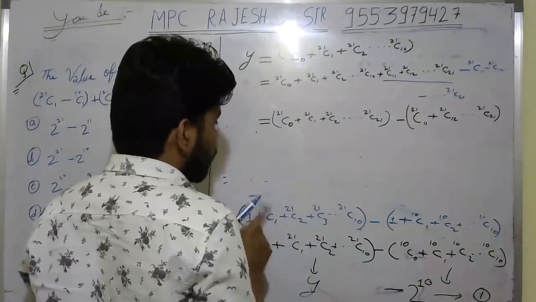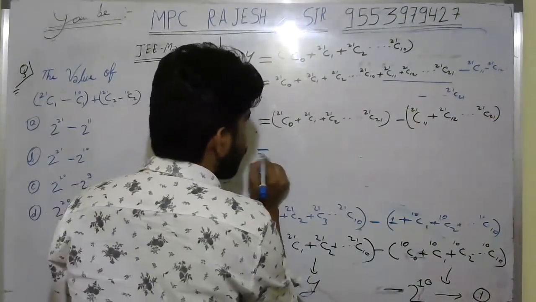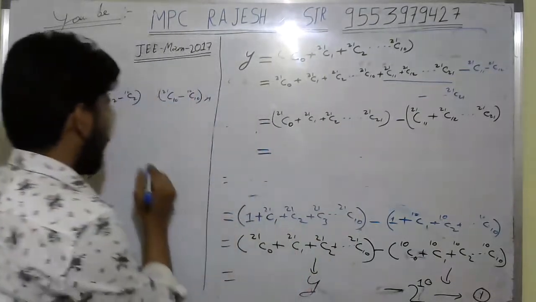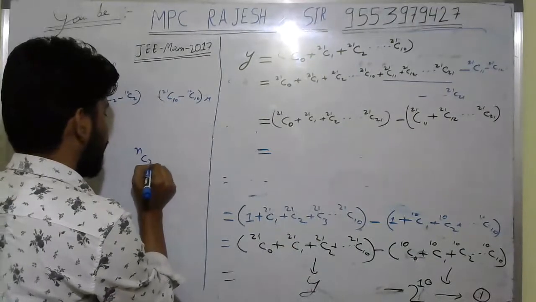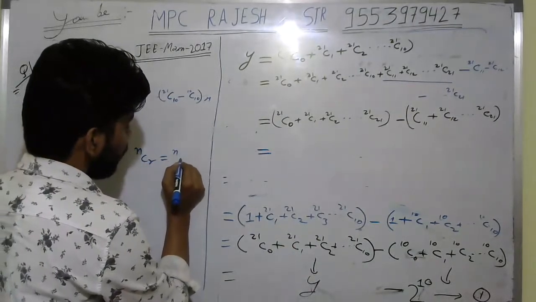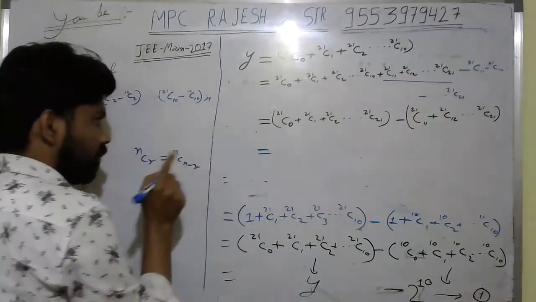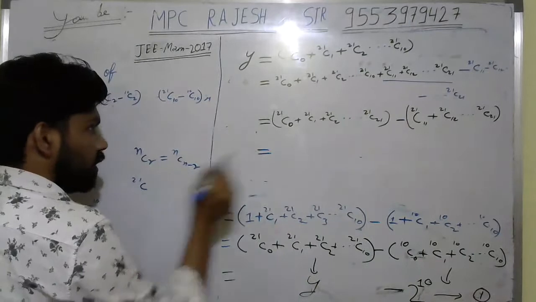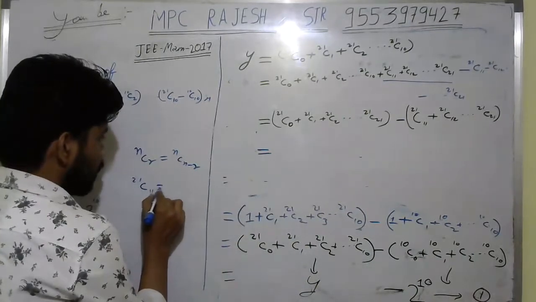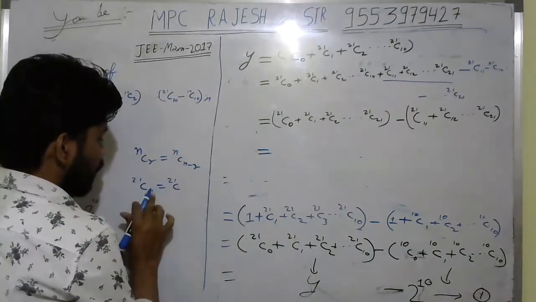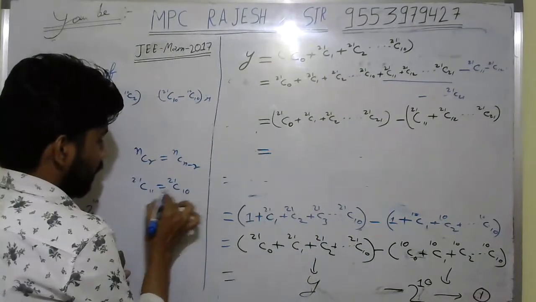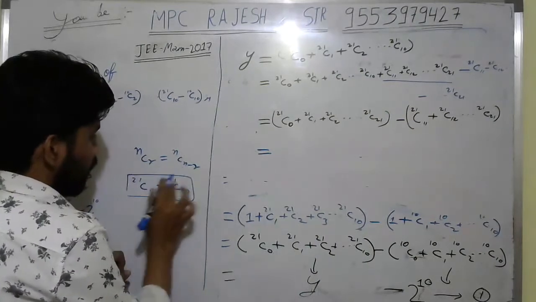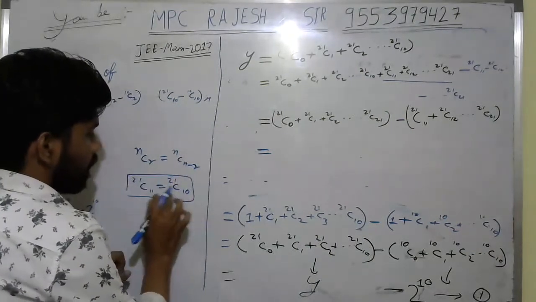Now look here. The term we are going to write, we explained before: nCr is equal to nC(n minus r). This is the second formula. From that we can write 21C11 is equal to 21C(21 minus 11), which is 21C10. Look here, 21 minus 11 is equal to 10.